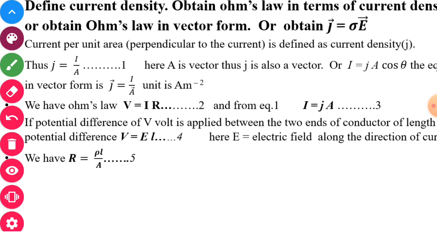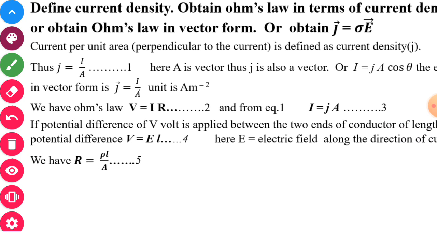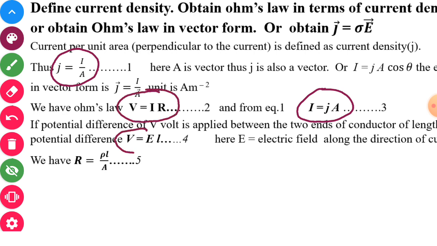So these are the equations that we have to list out. J is equal to I upon A, or I is equal to JA. The other one is Ohm's law, V is equal to IR. Then V is equal to E into L, and R is equal to rho L upon A.